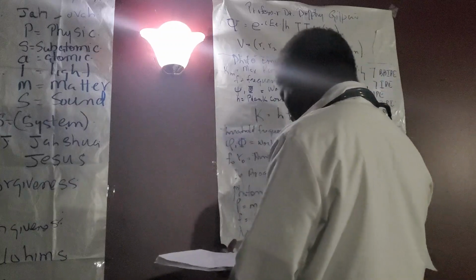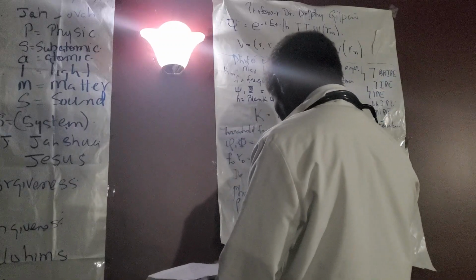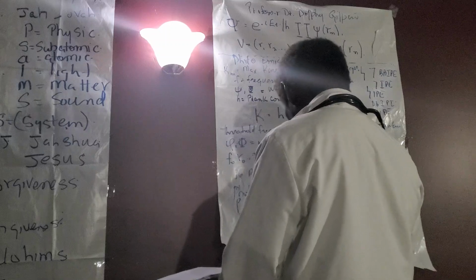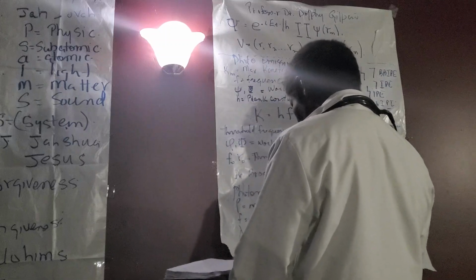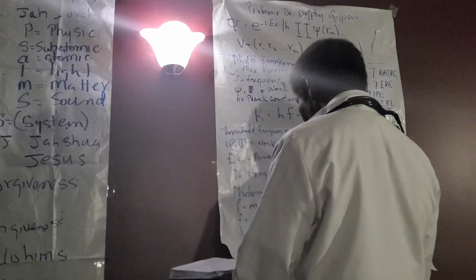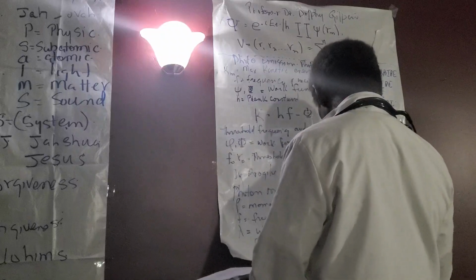And then we have the equation now. Rho is equal to Planck constant times frequency over the speed of light, which is equal to h over lambda.